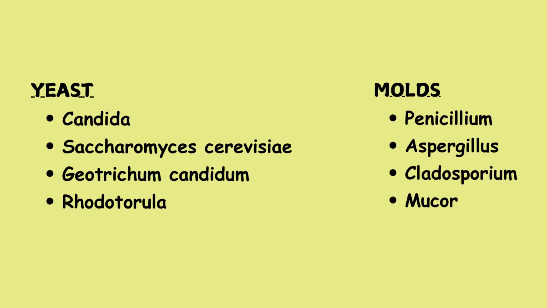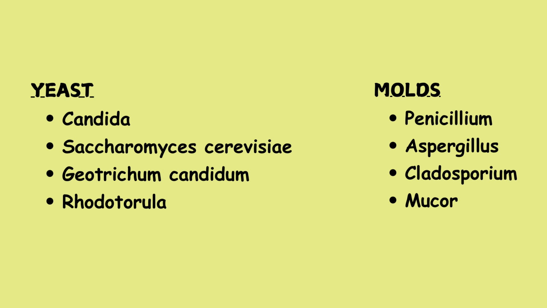Yeasts are fungi that can sometimes be found in milk, especially in cases where the milk is not properly stored or when there is high moisture content. While some yeasts can be beneficial in fermentation, for example in yogurt and kefir, some yeast species can lead to spoilage.